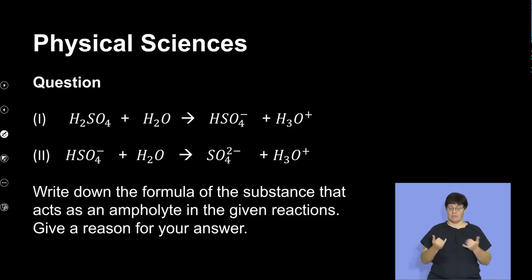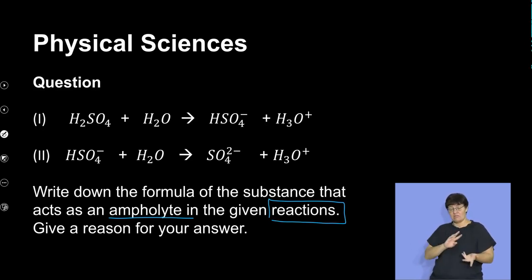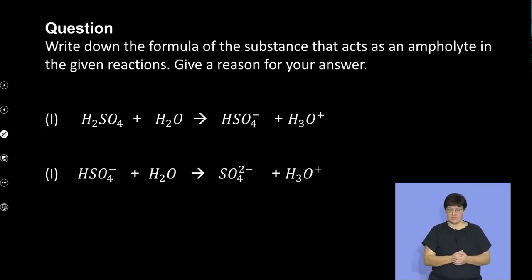Then the follow-up question says, write down the formula of a substance that acts as an ampholyte in the given reactions. Take note, it says reactions. This suggests that we're talking about both reaction 1 and reaction 2. And then after that, we're supposed to justify our choice. The key word in this question is ampholyte.